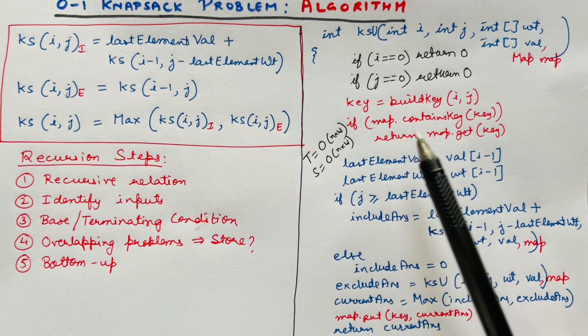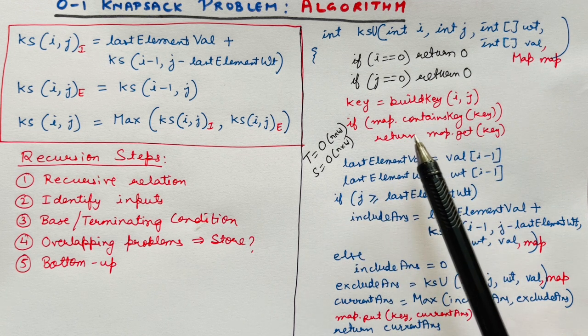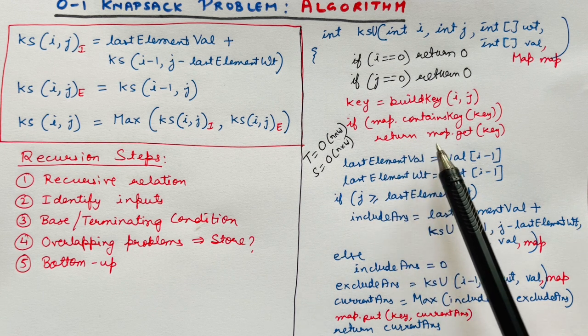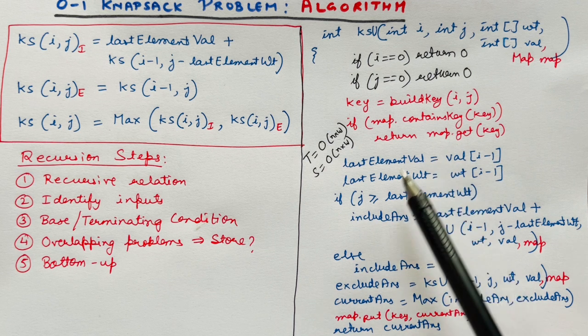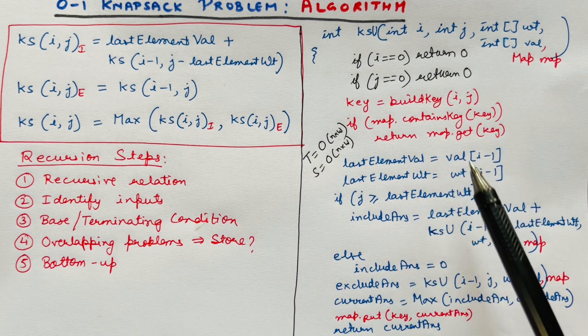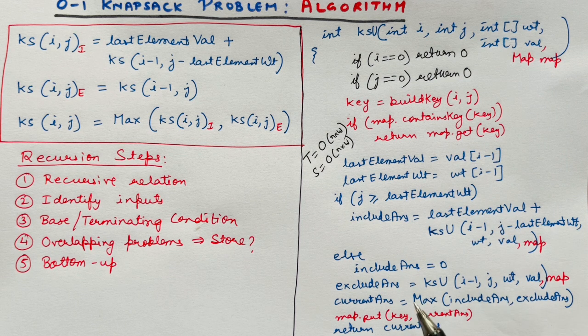If it was, then that means we had already calculated the answer for that pair of I and J. So we returned the answer directly from the map without going through this calculation. And we could do that because before returning the answer, we would first store it in the map against this key. So this completed our top-down dynamic programming approach to this problem.